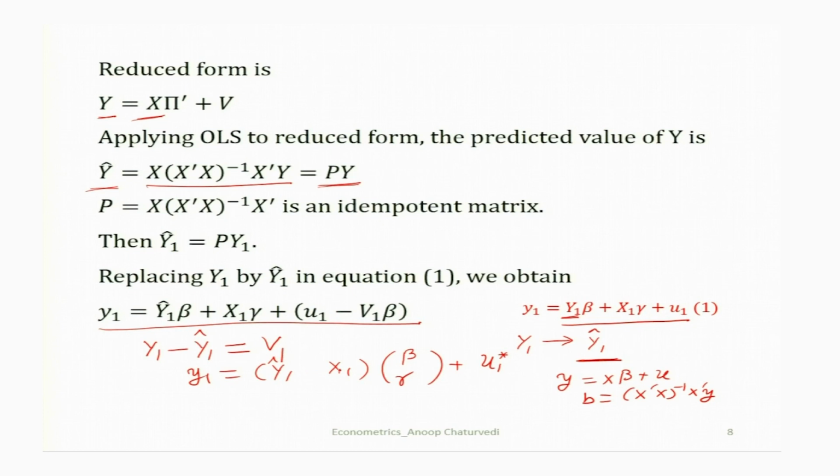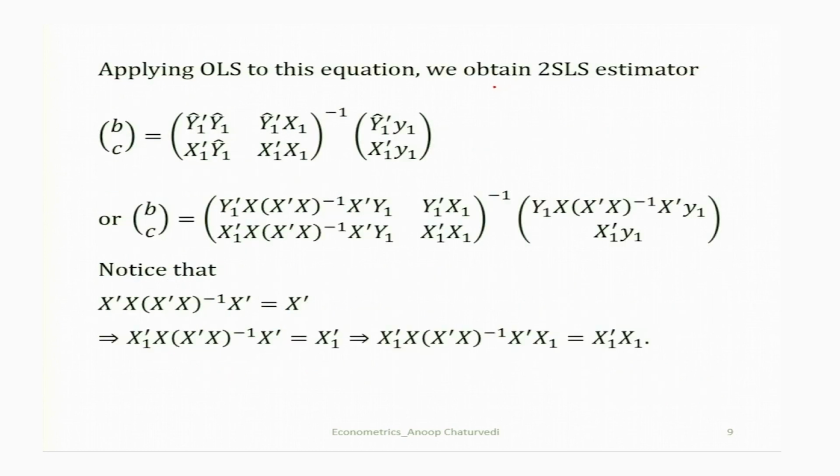We take the transpose of this. So, we get y 1 hat transpose x 1 transpose, then y 1 hat x 1, and then we multiply these two. So, you get y 1 hat transpose y 1 hat here, then y 1 hat transpose x 1, x 1 transpose y 1 hat, x 1 transpose x 1, then we take the inverse of this, and then you have x transpose y.